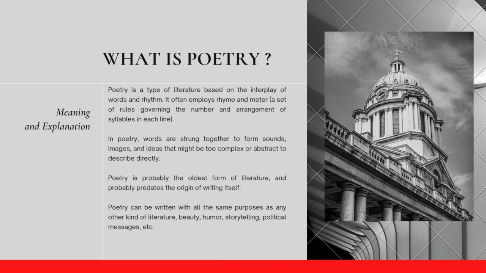In poetry, words are strung together to form sounds, images, and ideas that might be too complex or abstract to describe directly. Poetry is probably the oldest form of literature and probably predates the origin of writing itself. Poetry can be written with all the same purposes as any other kind of literature: beauty, humor, storytelling, political messages, and many more.